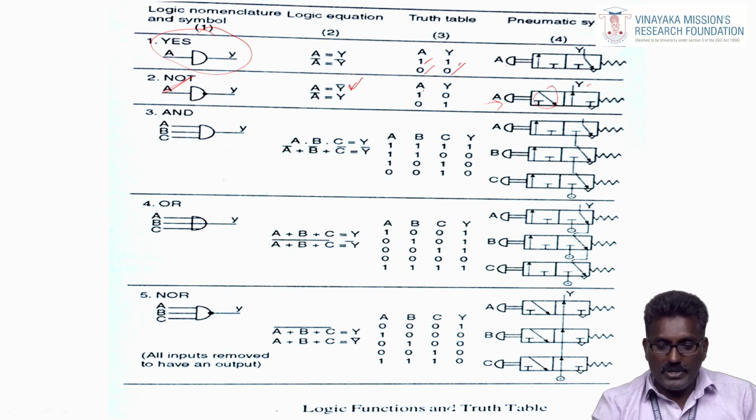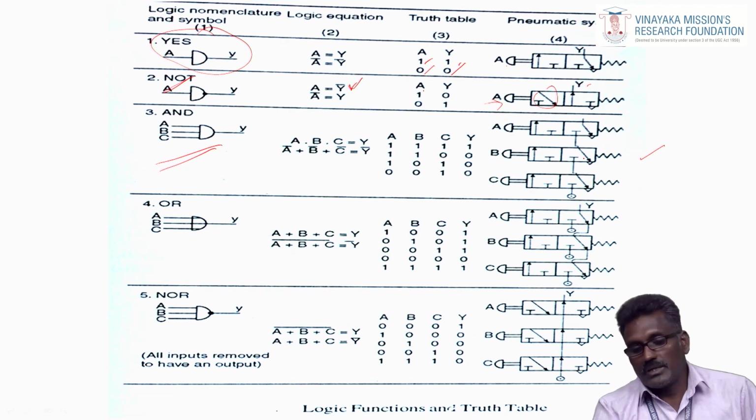And the AND operation. This is the electronic symbol for AND logic. You press all these buttons, and only then is the output produced. Here the compressor is connected, you press this button, and the pressure goes up to B only.